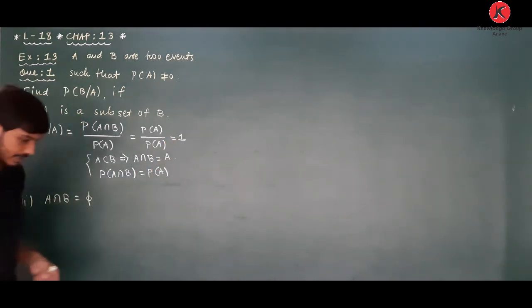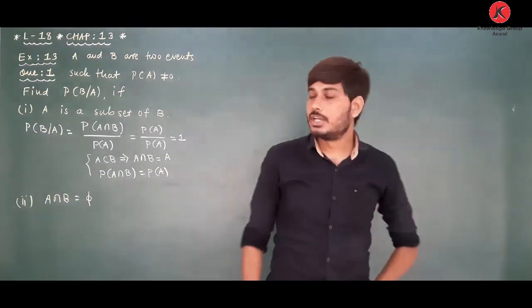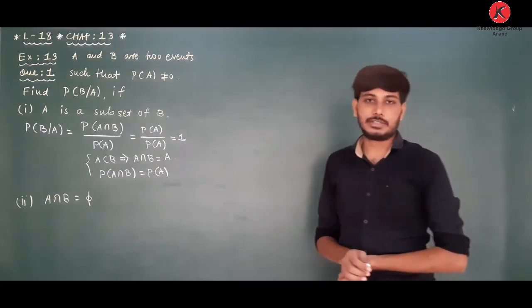Therefore, probability of B given A equals 1.